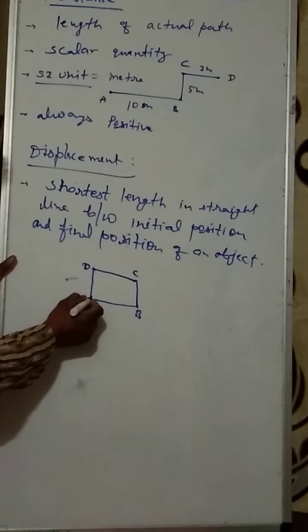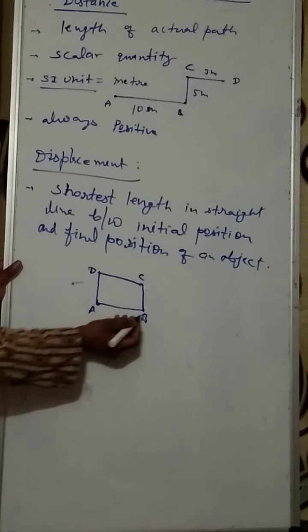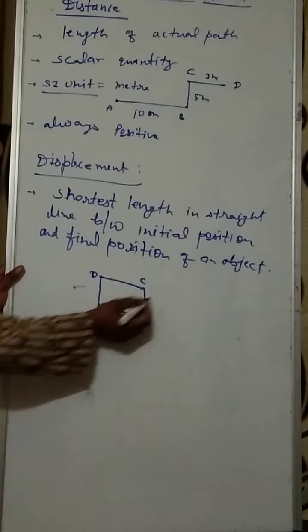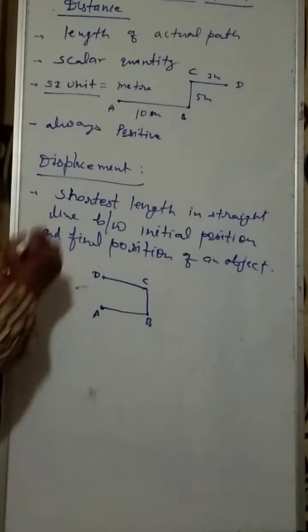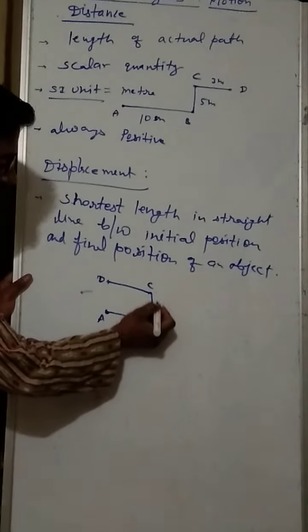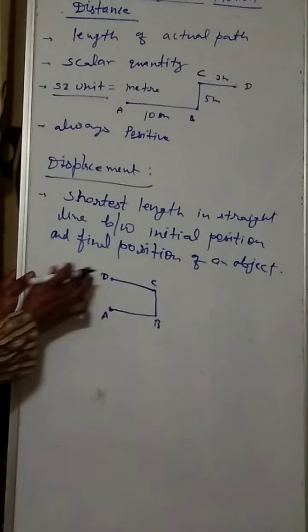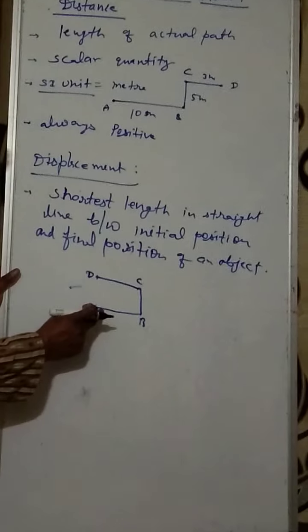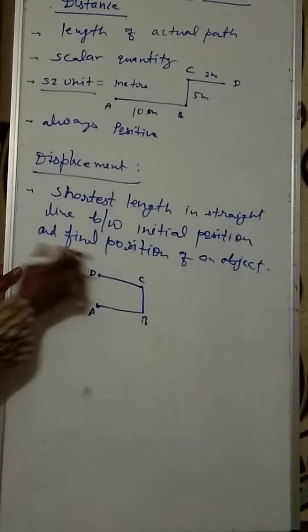So its initial point is A. If it covers only AB, then the final position will be B. If it covers up to C, then the final position will be C. If it covers up to D, then the final position will be D. So displacement is the shortest length between the initial and final position. Here the final position may be B if it goes up to B, C if up to C, and D if up to D.